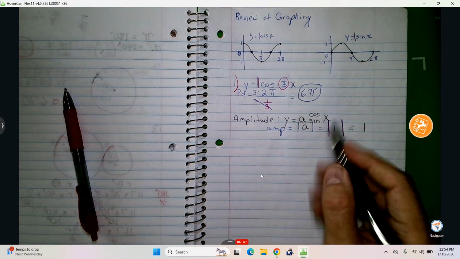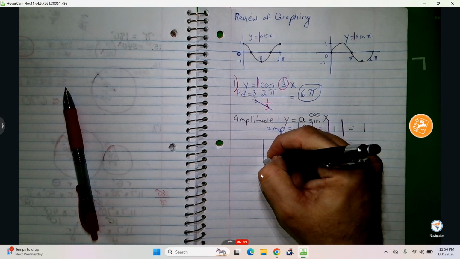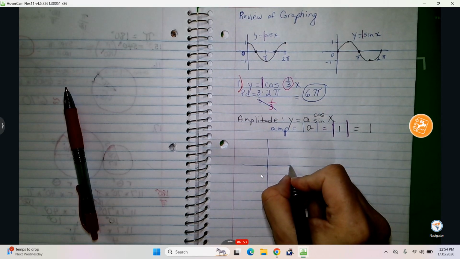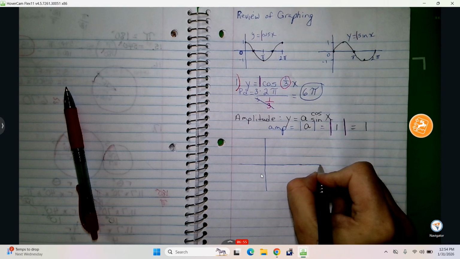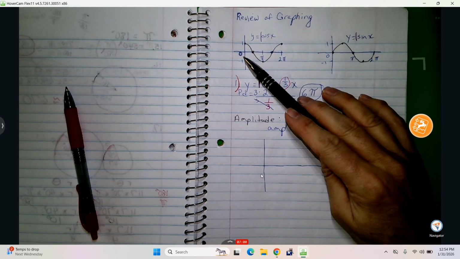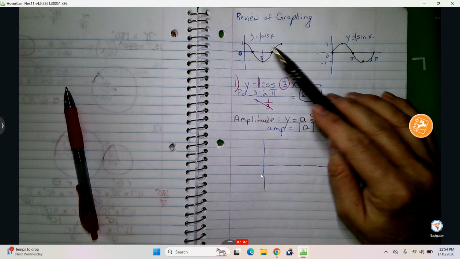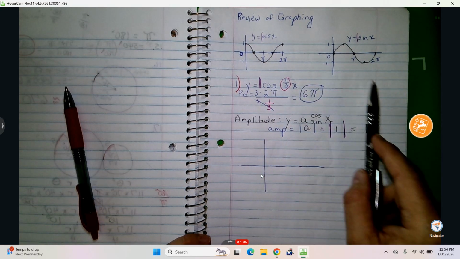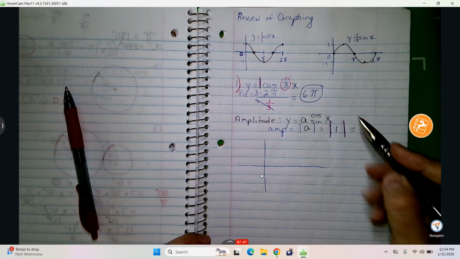In order to graph this, I'm going to first decide what period will be equivalent to 0 to 2 pi. What values of x will get this thing to make one loop around the unit circle?